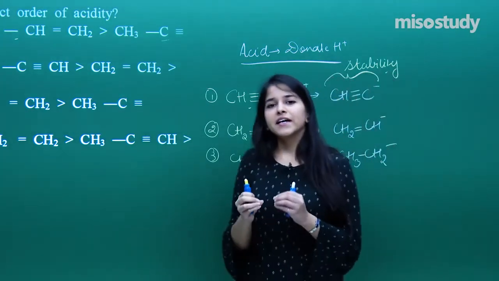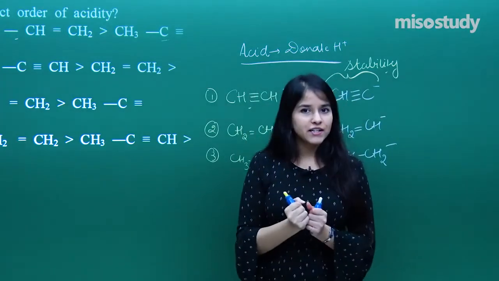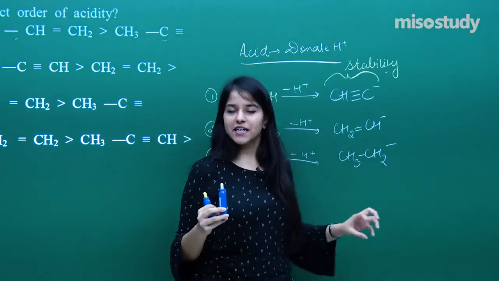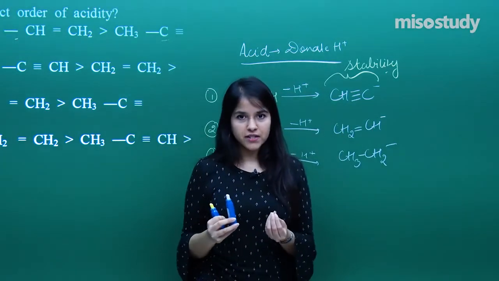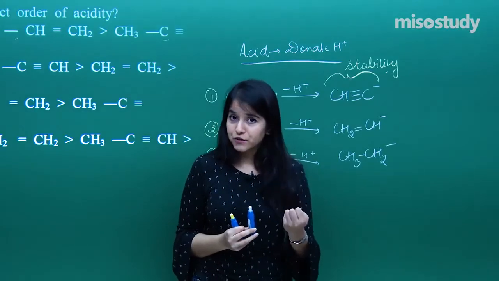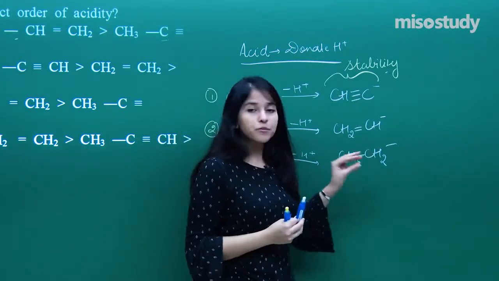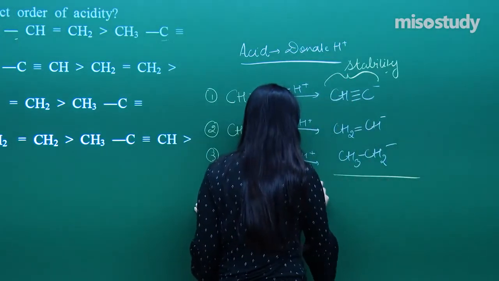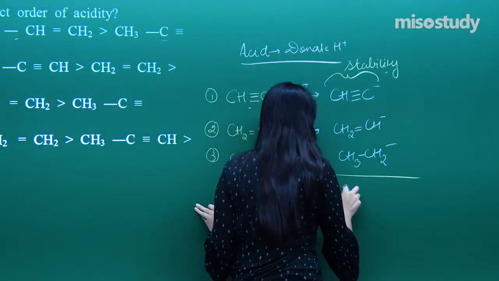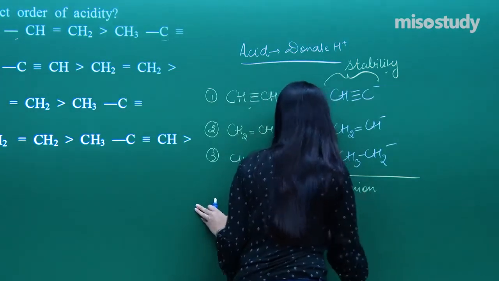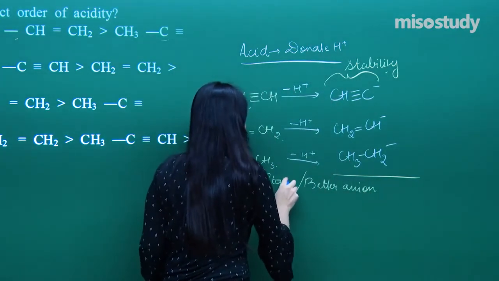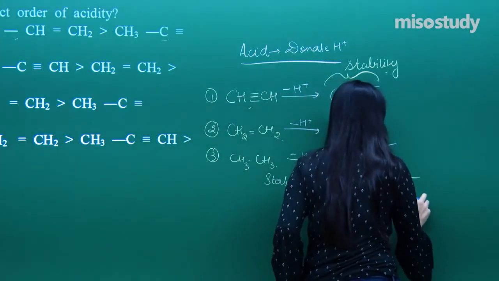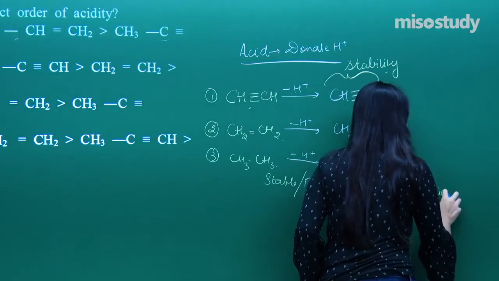A stable anion is one which is able to hold the negative charge properly. So which of the following is able to hold the negative charge very properly? The one which has higher electronegativity. Yes, that would be our approach over here. So a better anion, or I can say a stable anion, would be the one having high electronegativity.